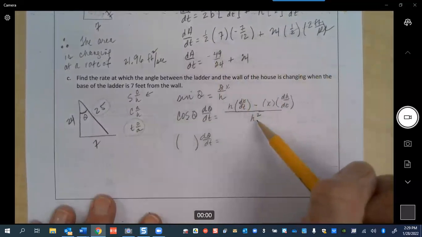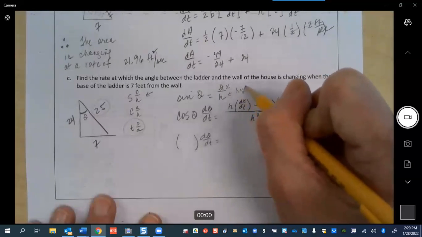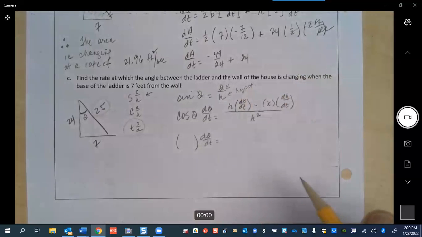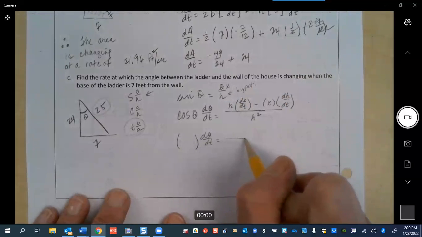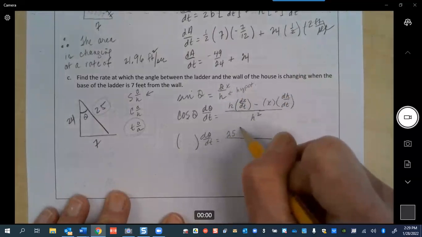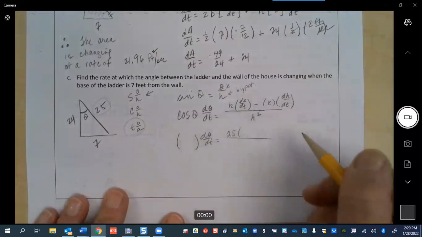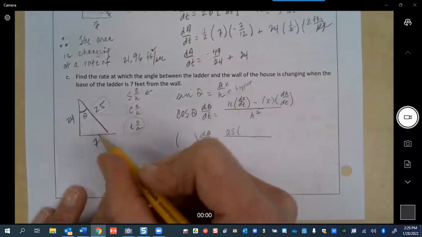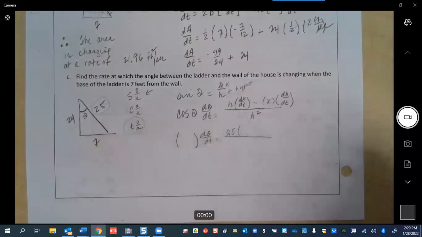Except remember this h is our hypotenuse. So this is going to be the change in... So we got to be careful that we don't screw up our variables here.